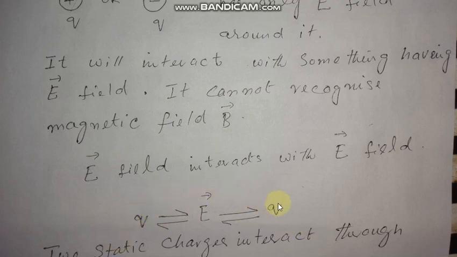Now if there is a body which is neutral, on which this charge q is 0, then this interaction is not possible between q and that body. This electric field is the reason why they are interacting with each other. So a charge will feel only another charge, not a neutral body, because that neutral body will have no electric field.